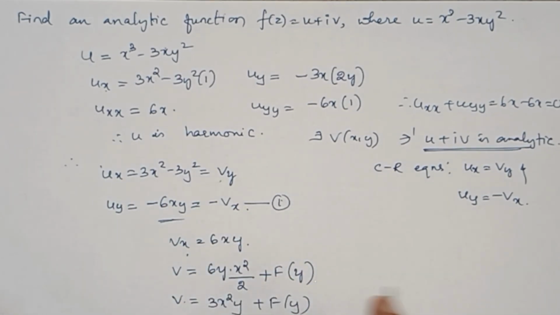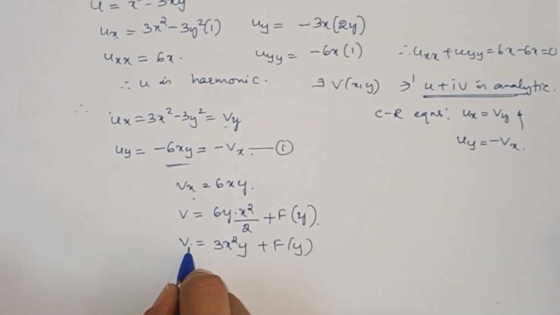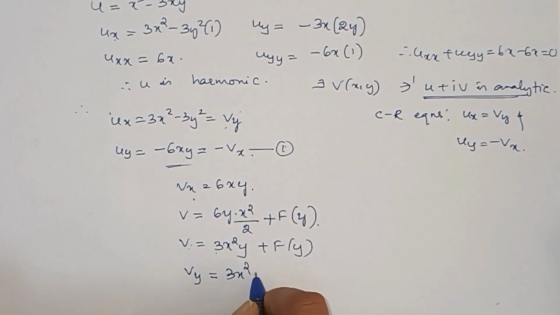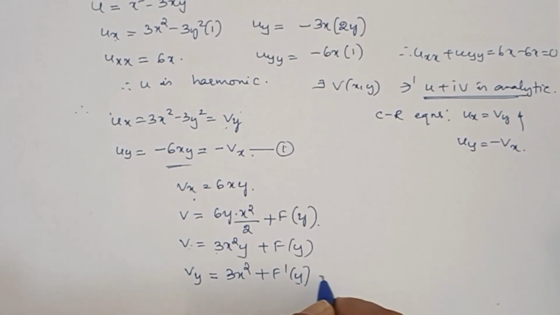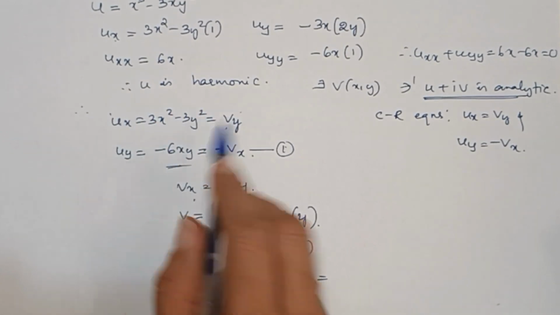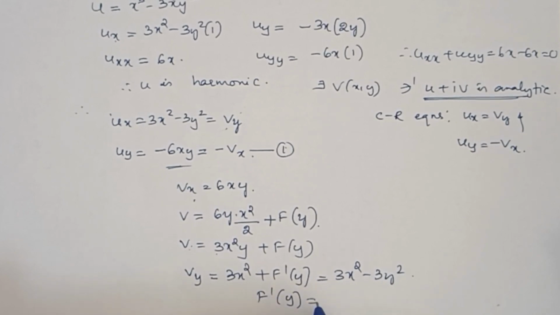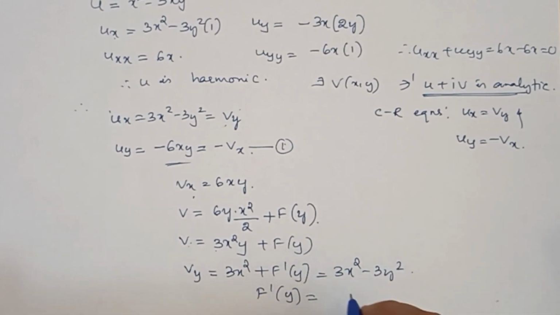Now differentiate, we have here vy, therefore differentiate this expression partially with respect to y, which is equal to 3x square plus f dash of y. That is equal to vy value is 3x square minus 3y square. Hence f dash of y equal to, 3x square cancels, minus 3y square.